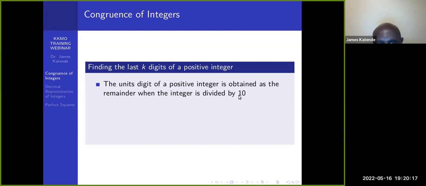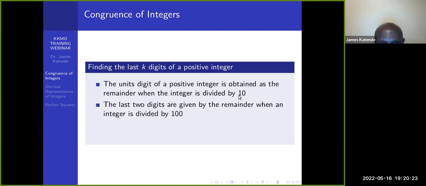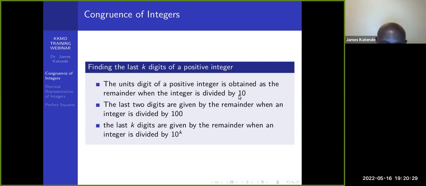If you divide by 100, the remainder will be the last two digits, and so on. So if you divide by 10 raised to k, the remainder will give you the last k digits of the number.